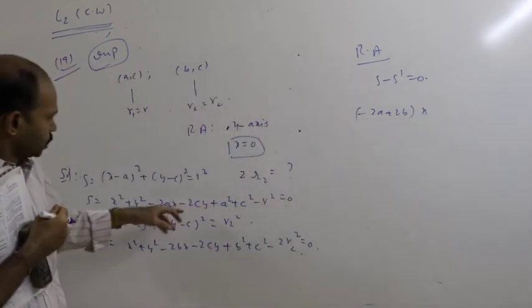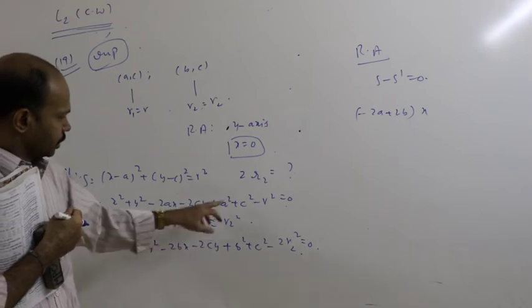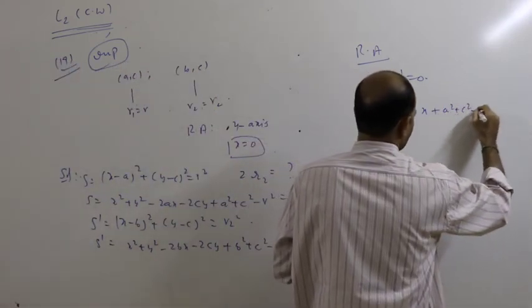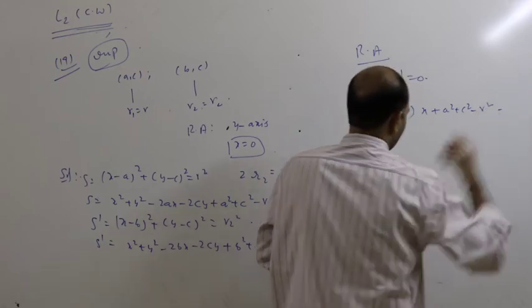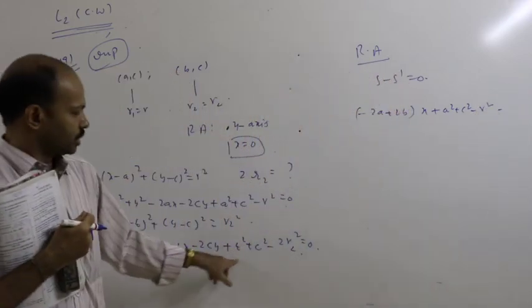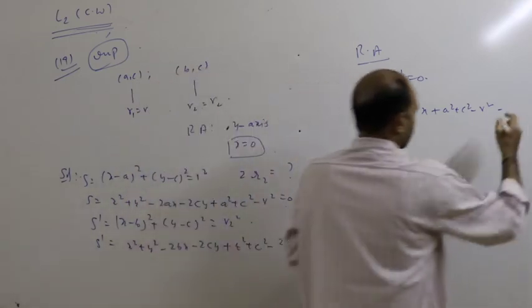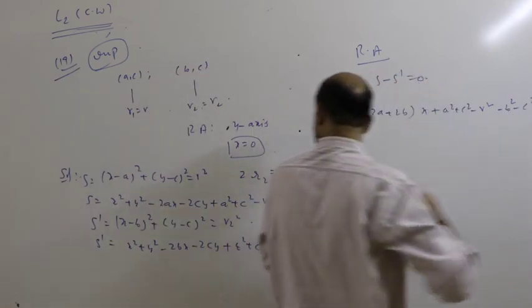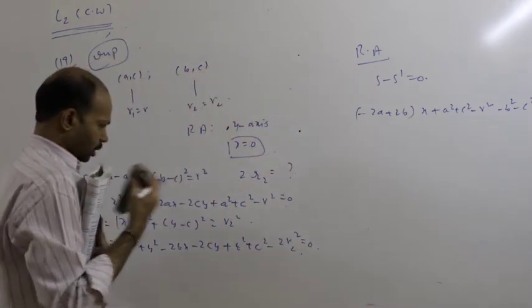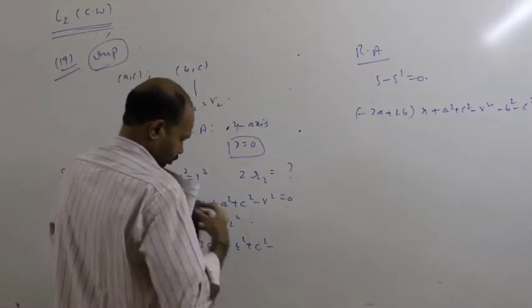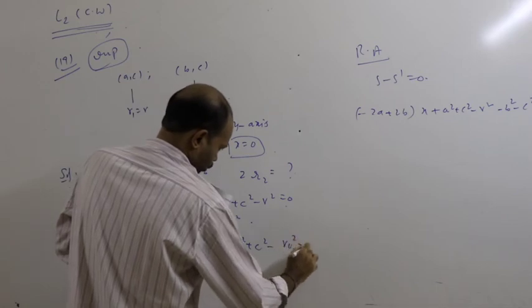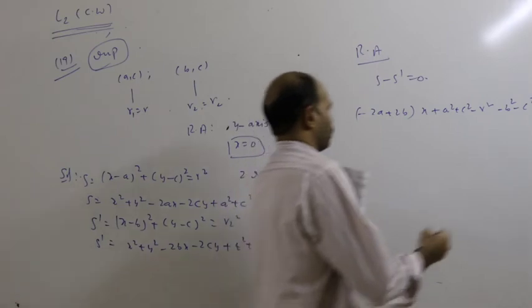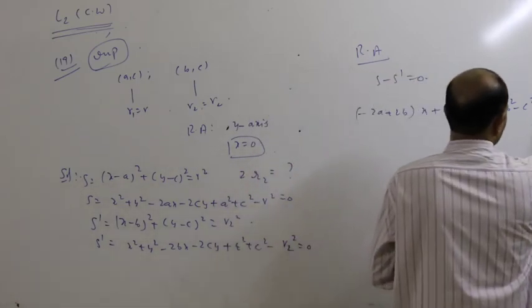And the 2cy terms cancel. Then a square, c square, minus r square, minus b square, minus c square, plus r2 square.